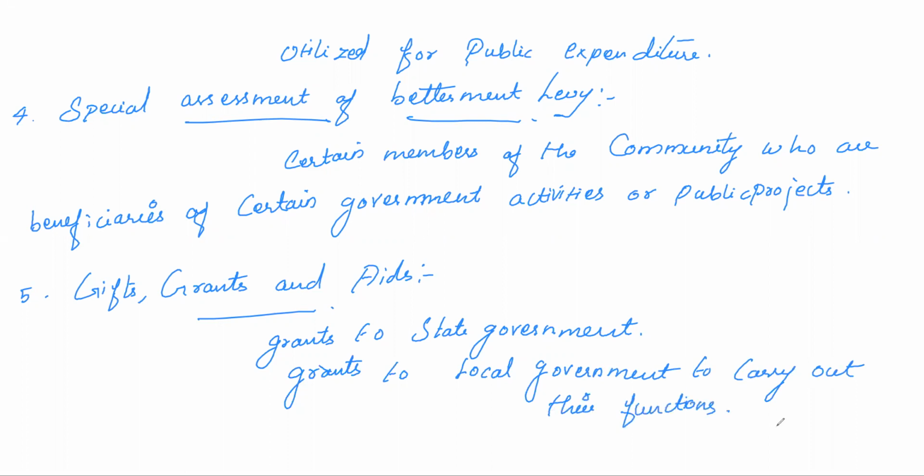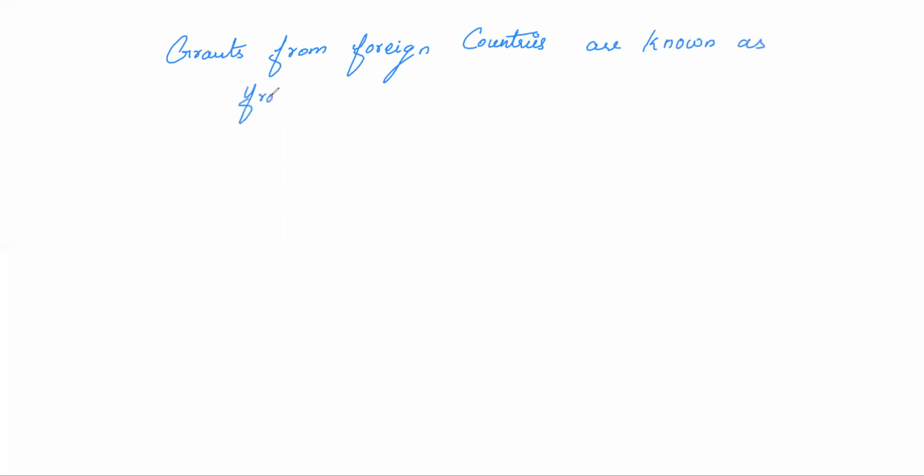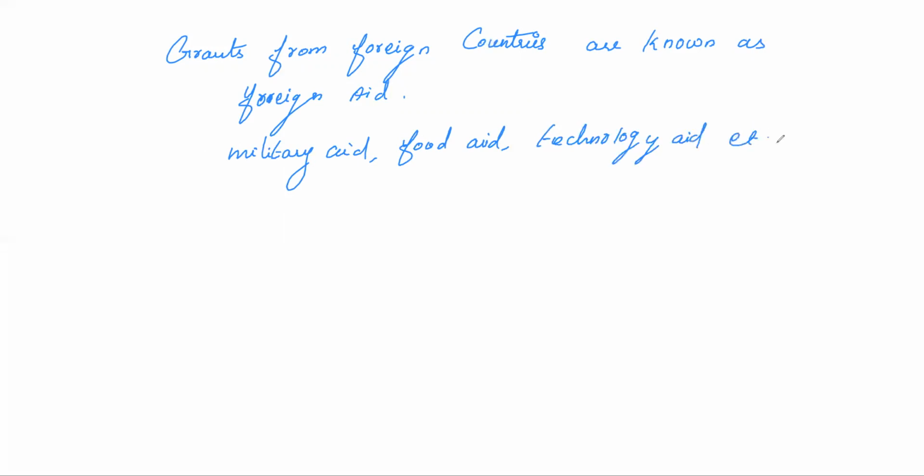Okay, that's all. Next, grants from foreign countries are known as foreign aid. Developing countries receive military aid, food aid, technology, etc. from other countries.